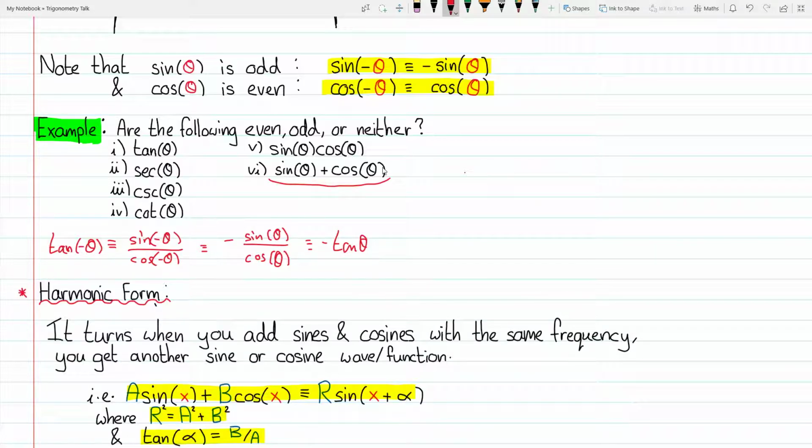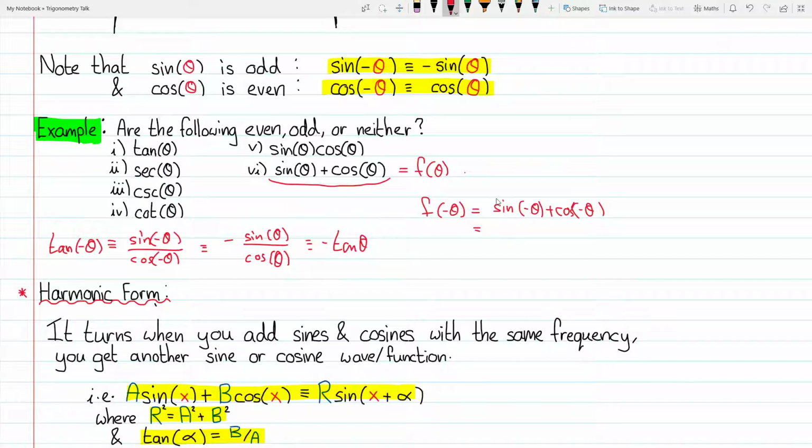we look at this example. Let's just call this, for the sake of the moment, f of theta, because this is all one function. So what's f of minus theta? Well, this is just sine of negative theta plus cos of negative theta, right? I'm just swapping out their arguments.